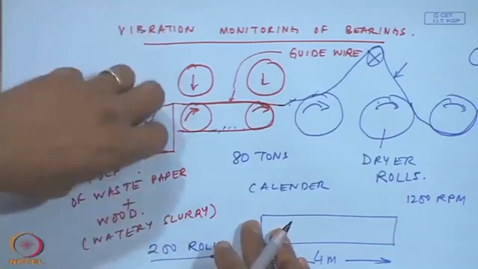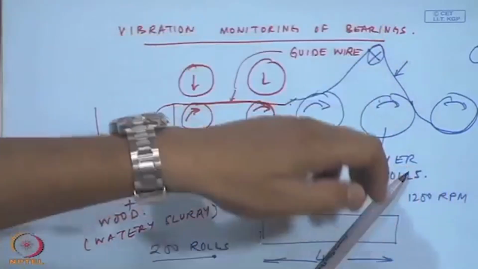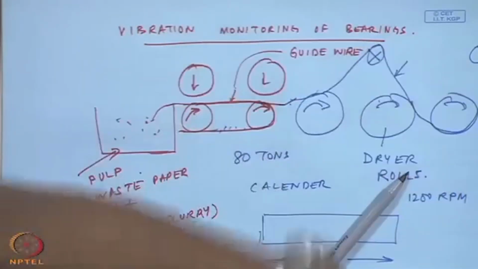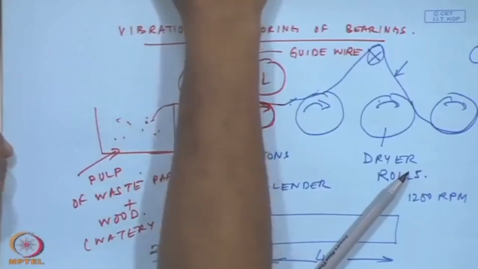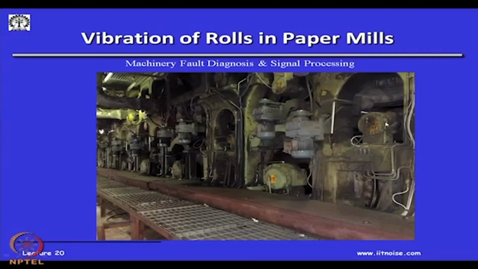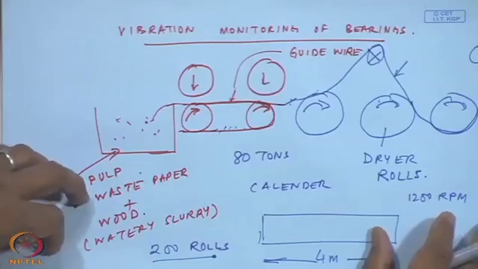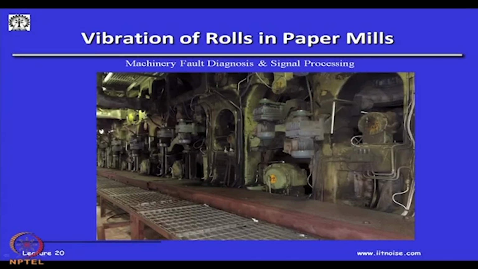You feed in pulp, and all you have is a series of rolls pressing it, drying it, ironing it, or calendering it, and then you have a pickup roll. And in such a rolling mill, first of all, they have to run continuously, and because of the high temperature, there is extreme heat on the bearings of the rolls.